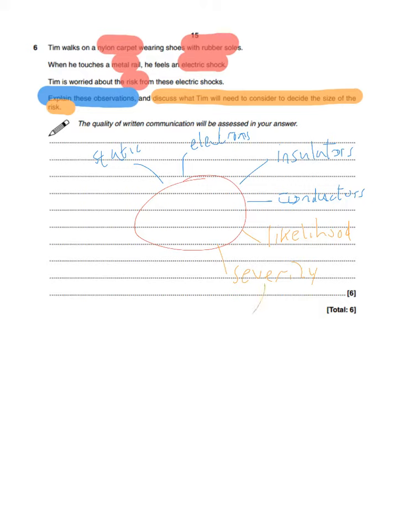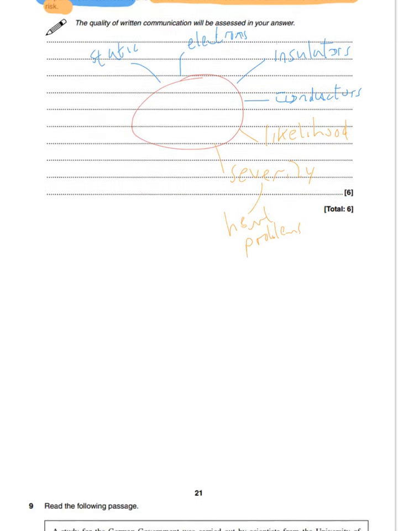Severity, well, most people are going to be absolutely fine, but maybe there are some people, particularly with heart problems, who might struggle. So then we can probably explain the size of the risk and what Tim needs to think about. But again, we're not having to give massive detail, we're not having to give massively complex answers, because it is targeted at C grades and below.